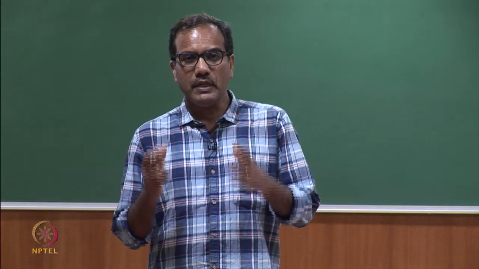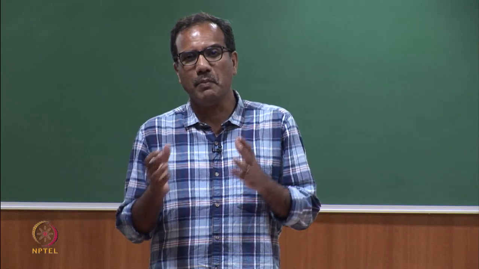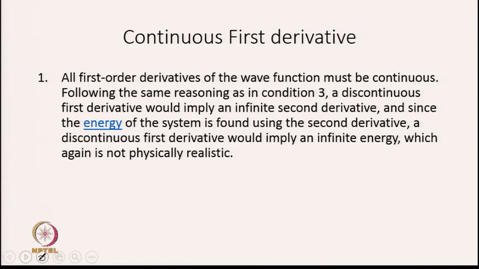Now, similarly, as we discussed about momentum, the energy of the system is found using the second derivative. If you do not want the energy to be infinite, then the first order derivative of the wave function must be continuous.